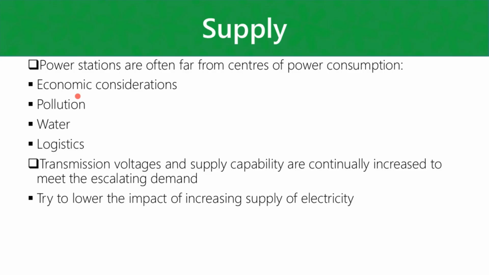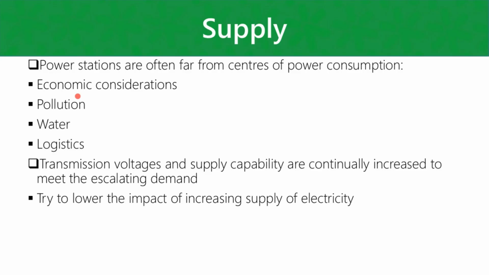The demand for electricity is higher every year. In order to meet that demand, usually we transmit on the grid at higher voltages, to keep the costs of installing new transmission lines low, because higher voltage means less current.